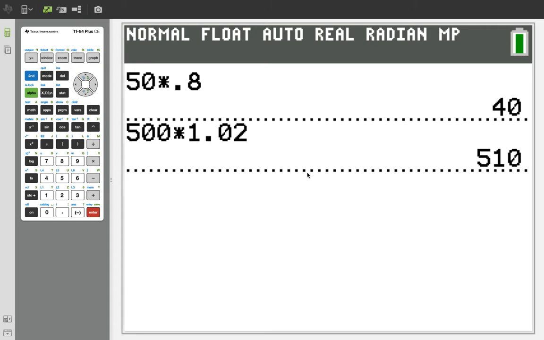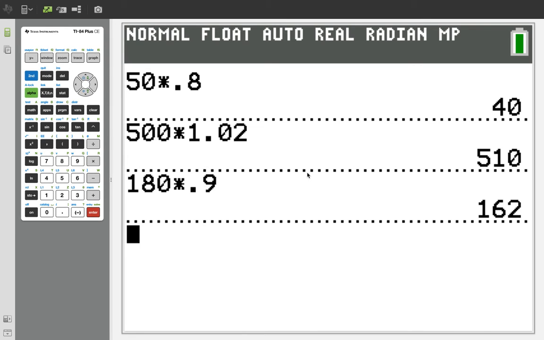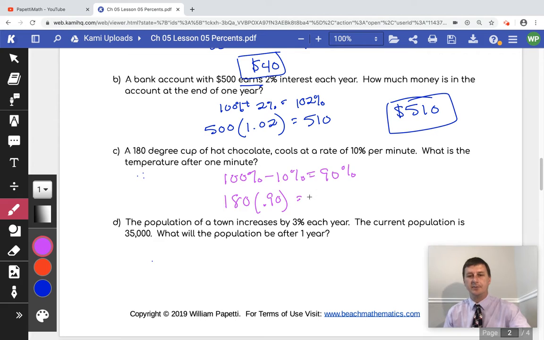When we do that in our calculators, 180 times 0.9, we're going to get 162. So after 1 minute, if it's cooling at a rate of 10% per minute, it's going to be 162 degrees.